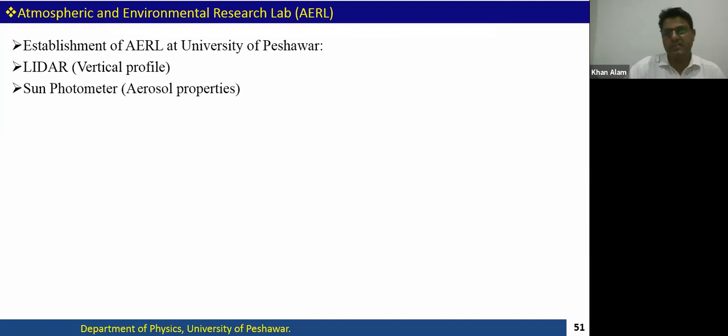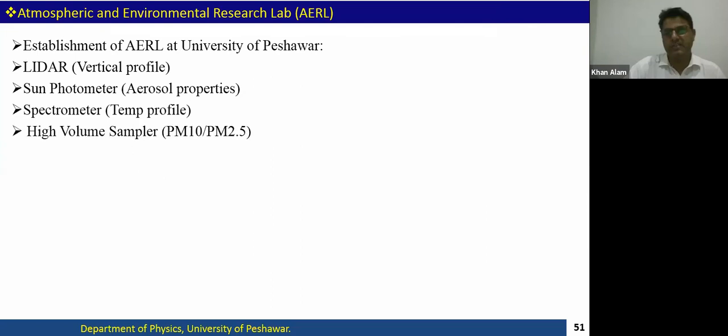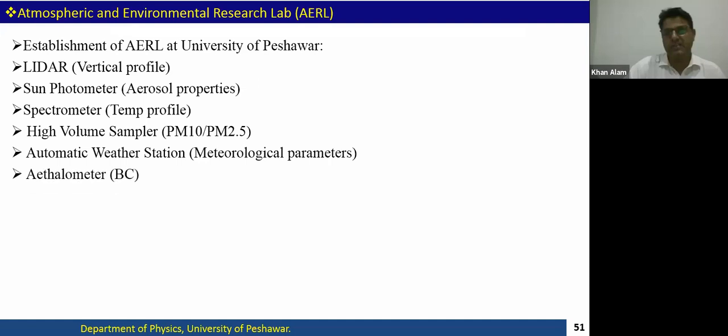We are installing a Sunphotometer and Lidar at Peshawar, and we have a spectrometer which will provide us some temperature profile, a high volume sampler which will provide us PM10 and PM2.5 profile, and an automatic weather station which will provide us the meteorological parameters. And also we have an aethalometer, an optical instrument which is used to calculate the black carbon concentration.